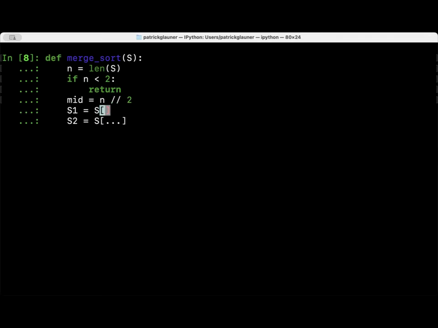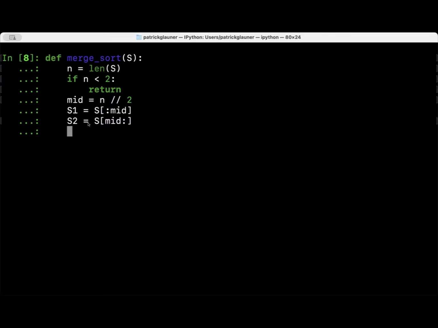Then S1 would be all values up to mid, where mid is excluded, so from 0 to mid, but I can just write it this way in Python. And S2 would be all values starting from mid, where mid is included. I could put in an n here as well, but I can just leave it off, and then it will run up to the last element. So I have just split S into S1 and S2.